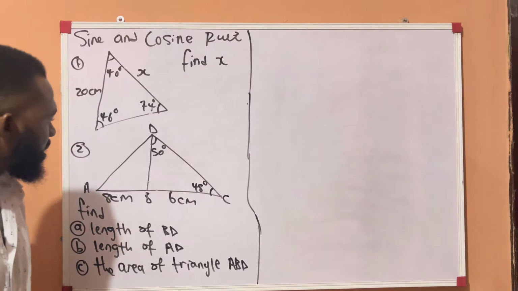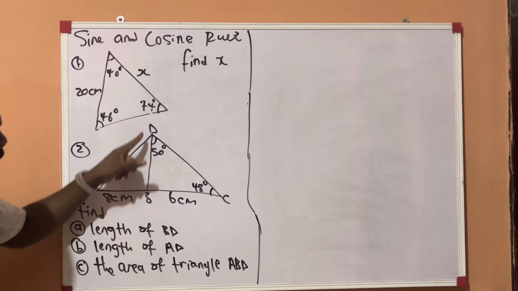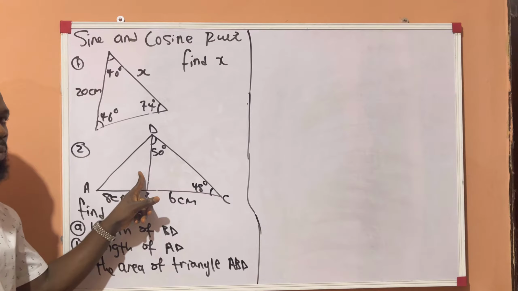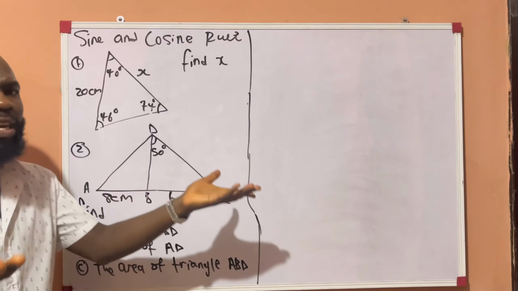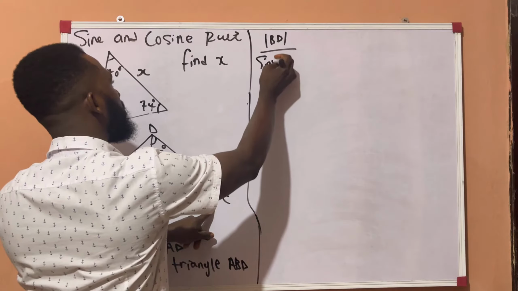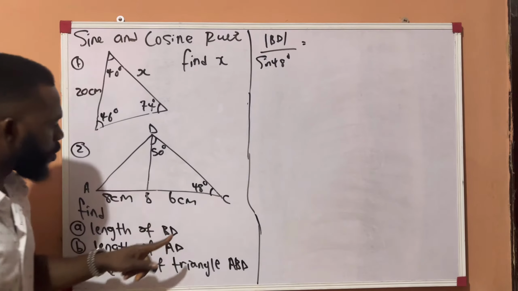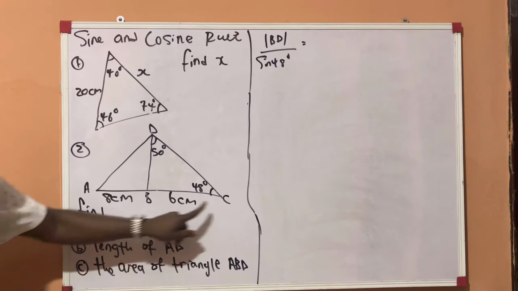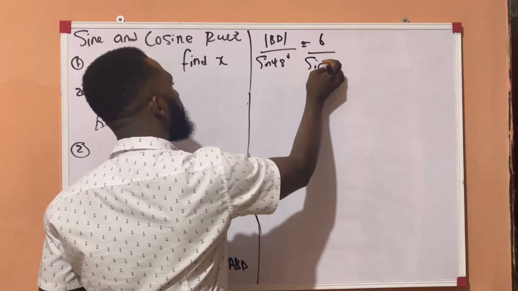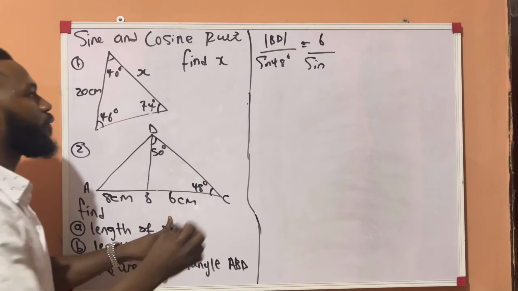Are you with me? Now we were told to find the length of BD, and the angle facing BD was also given. So yes, this is sine rule automatically. So here becomes BD over sine the angle facing it, which is 48 degrees, is equal to BC, which is 6 centimeters, over sine the angle facing 6 centimeters, which is 50 degrees.